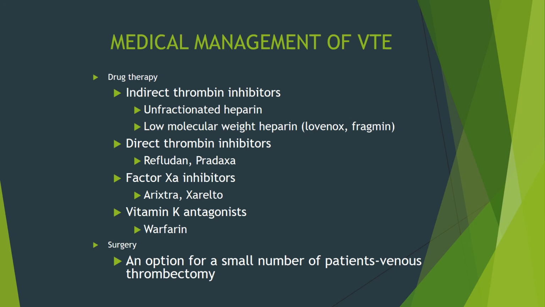So for the most part, we give the patients heparin. Now please don't call heparin a blood thinner, because that's a layman's term and it's really not what heparin does. Heparin is an anticoagulant, or an indirect thrombin inhibitor if you want to use the really correct term.